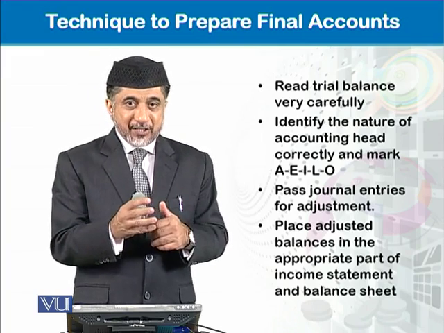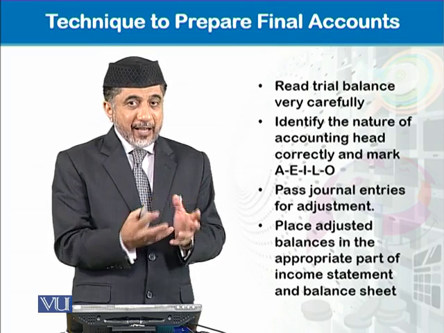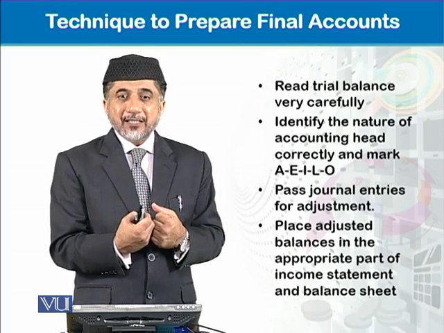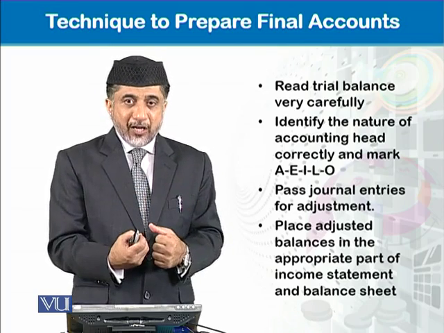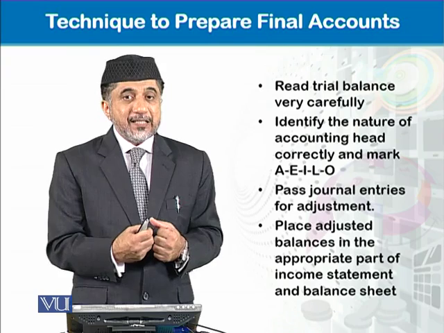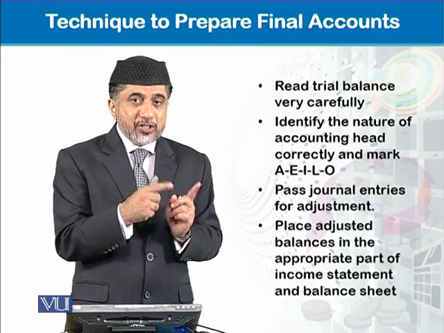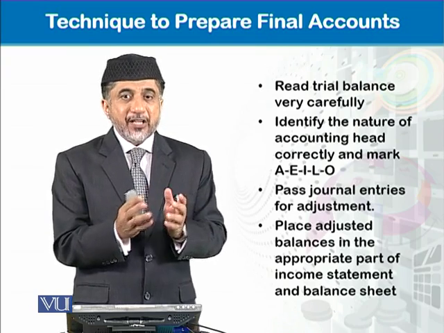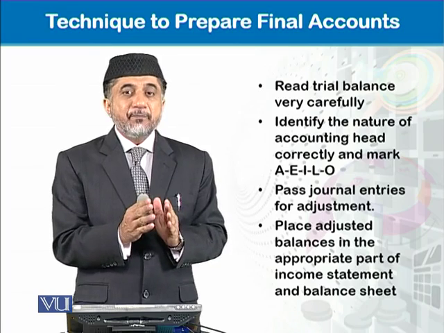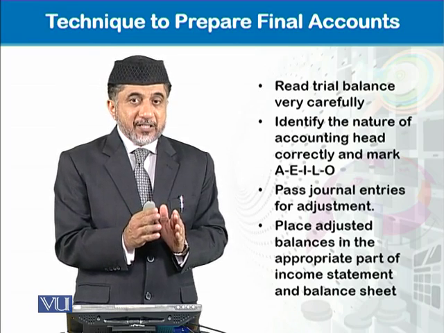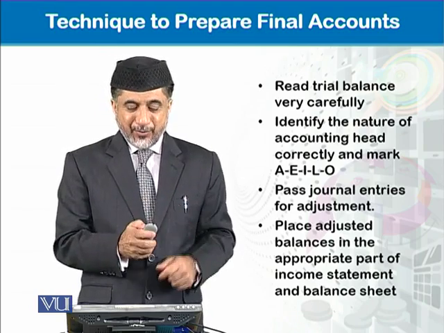So those adjustments will affect the balances. Then we will extract an adjusted trial balance, or if you don't want to prepare an adjusted trial balance from scratch, at least we will amend the balances of those ledger accounts for which adjustments were made, so that the adjusted balances will then be taken to the income statement and balance sheet. Got it? Very well done.